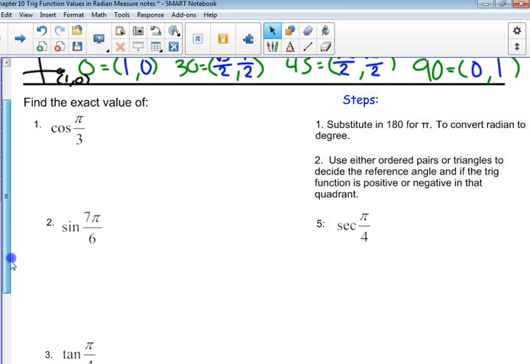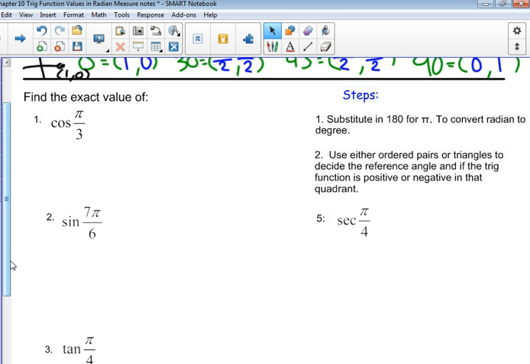Okay, so what we're going to work on today is finding the exact value. You guys did all this stuff in degrees, but right now it looks like it's in radians. So all we're going to do is convert this from radians to degrees, and it's going to be the same thing you guys did last chapter. No different.